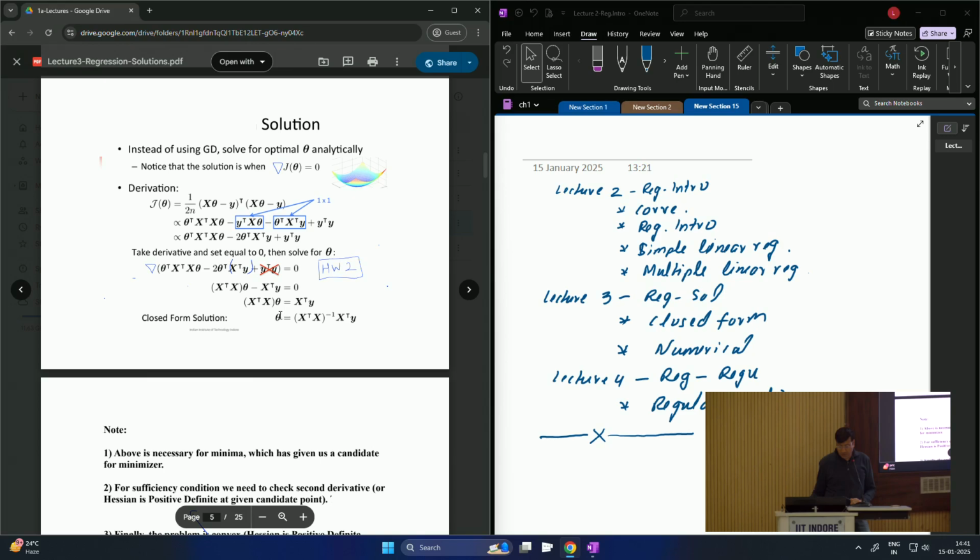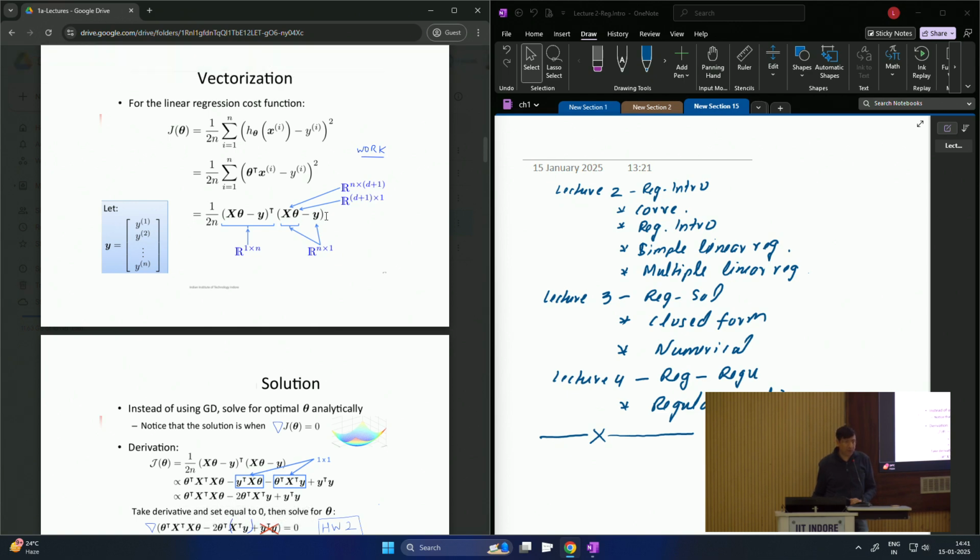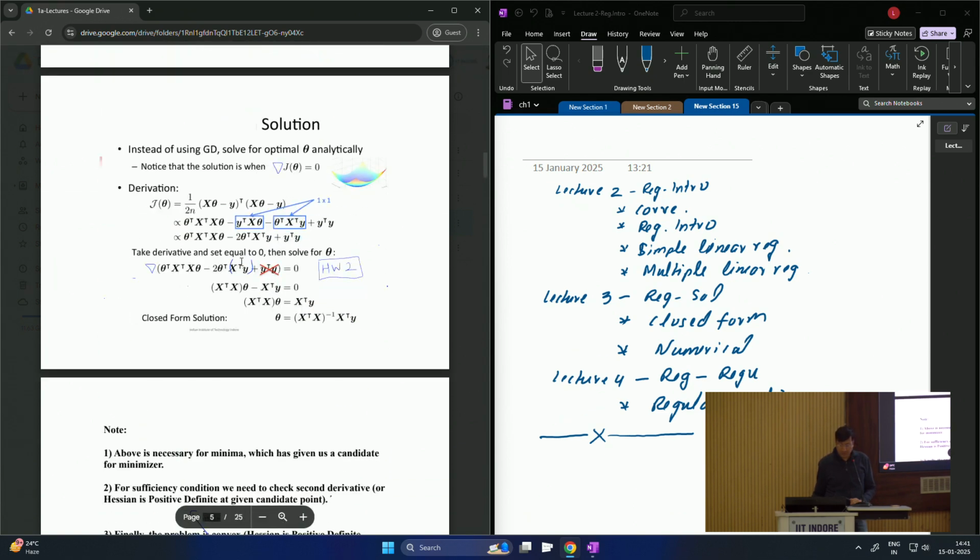To get the closed form solution, we had written the residue function J(theta) like this, and then we had translated it into a function of matrix vector products. Then we had found its gradient and made it equal to 0. This part I had worked out for you in the scribble, how to differentiate the second term, find the gradient of that. The first term I said is worked out in homework 2.